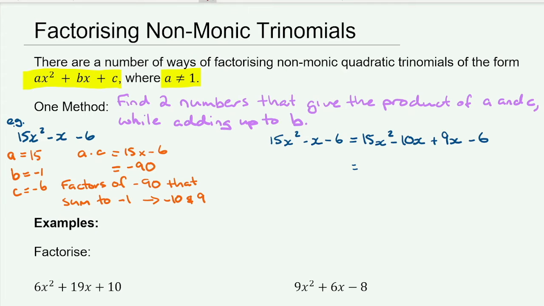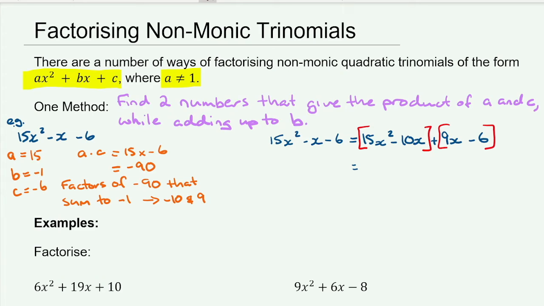My next step now is I'm going to break those 4 terms up into 2 pairs of terms, and hopefully what I've done is I've written it out in a way that makes common factors. Occasionally you won't, but there's a little bit of a trick to that as well.